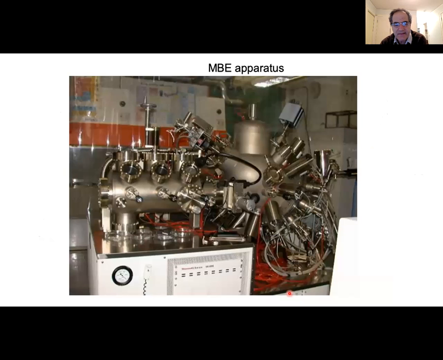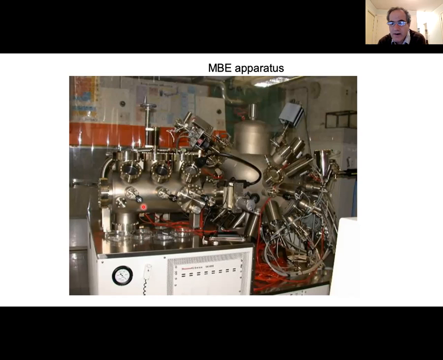Molecular beam epitaxy is an outstanding way to grow things, but it does have some issues. And these issues keep it mainly confined to research labs. One is that it's very expensive. Here's a molecular beam epitaxy system here. And systems like this tend to cost a lot of money, on the order of $1 million.